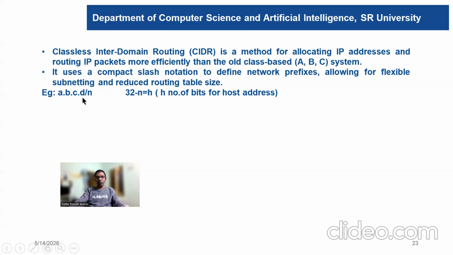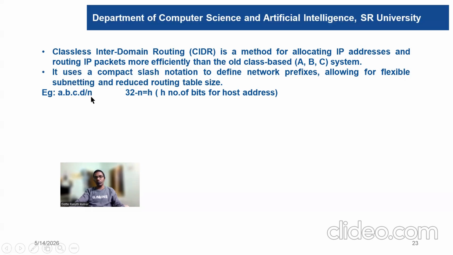That means in this IP address, the first n bits are used for the network address and the remaining are the host address. We know that the IPv4 size is 32 bits. So 32 minus n, where n is the number of bits used for the network address and 32 is the maximum length of the IP address. Let us take 32 minus n as h. This h represents the number of bits used to represent the host address.